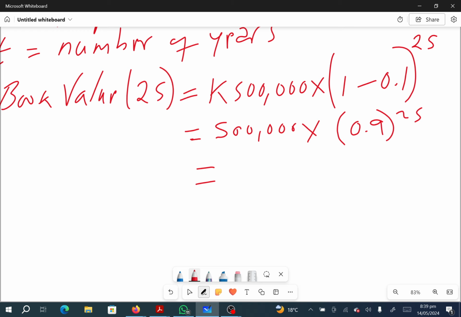What are we getting? 0.9 to the power 25 is 0.07178.